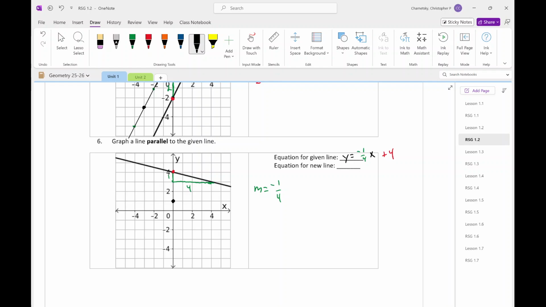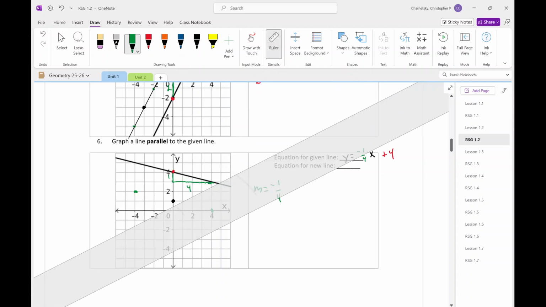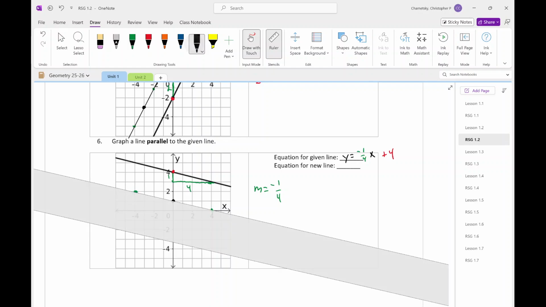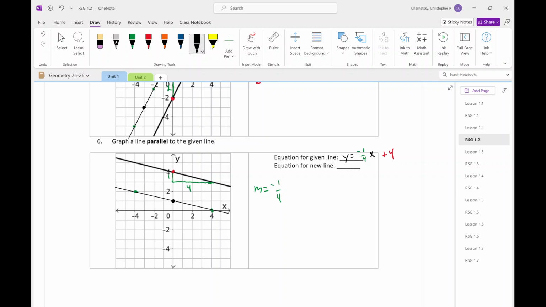It's going to have that same slope. So down 1 over 4. And I can backtrack that to get another point. We'll graph that with a straight edge. Okay, there's our parallel line.